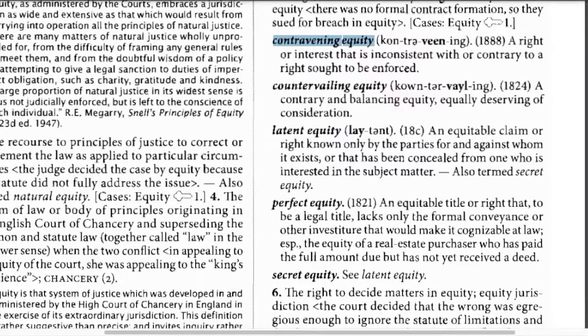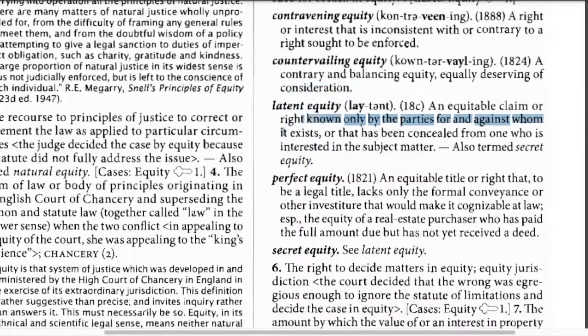That's a right or interest that is inconsistent with or contrary to a right sought to be enforced. Then we have countervailing equity, a contrary and balancing equity, equally deserving of consideration.